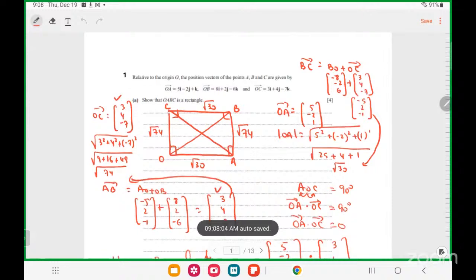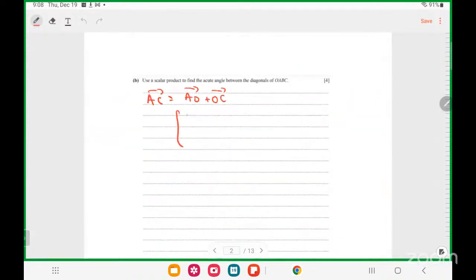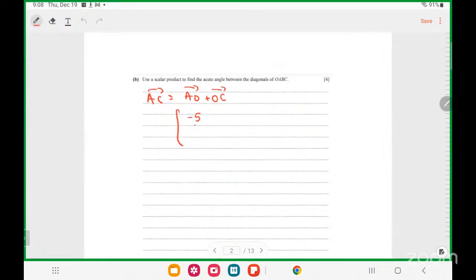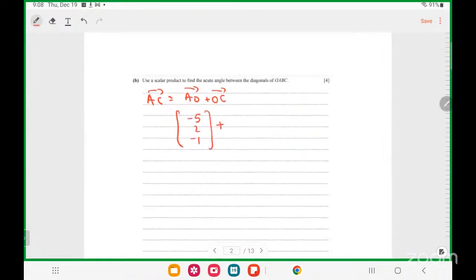AO is (-5, 2, -1). OC is (3, 4, -7). So AC is (-2, 6, -8).